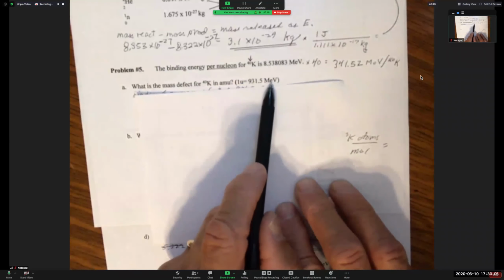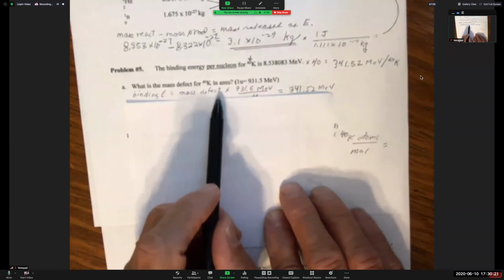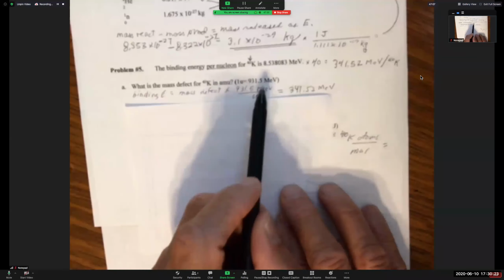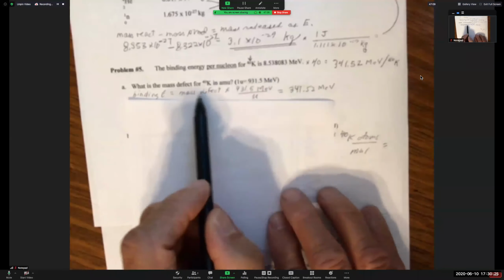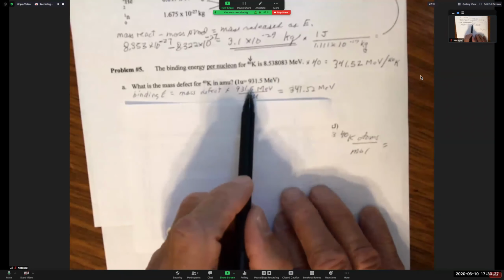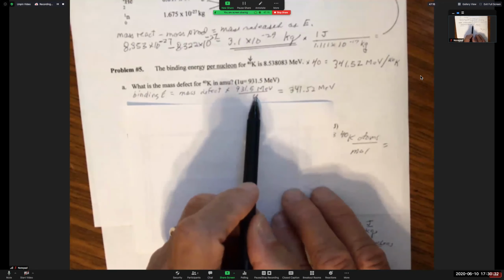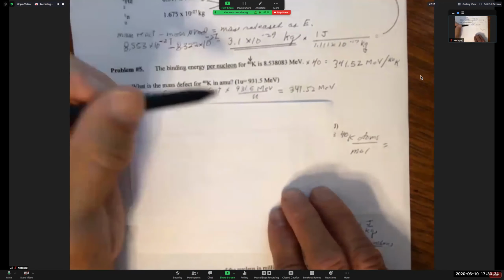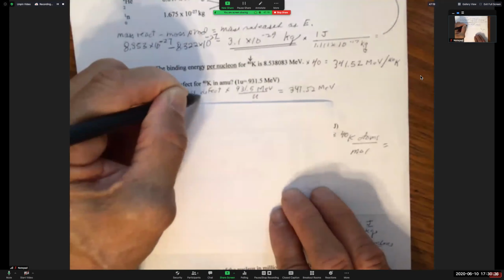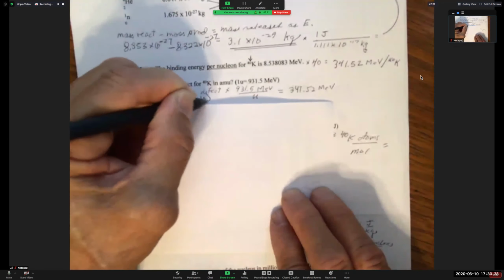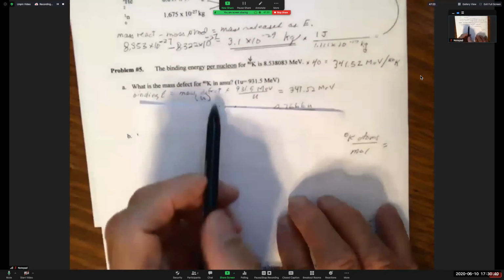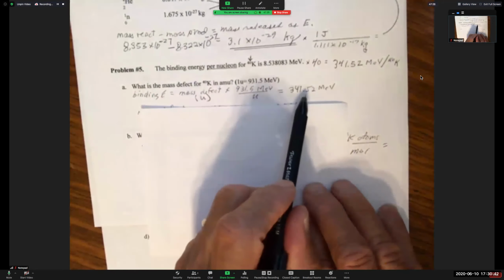The binding energy in million electron volts comes from the mass defect times 931.5 million electron volts per AMU. Remember, the unit for mass defect is AMU, so the U's cancel and we get our binding energy in million electron volts.